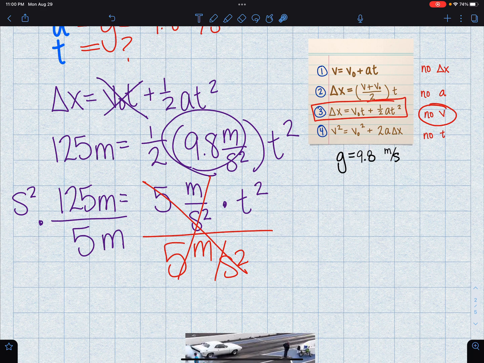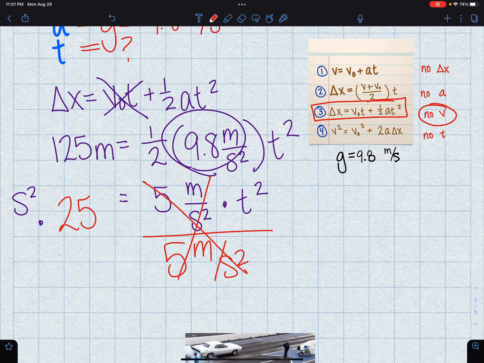Anyway, what happens when we do this? This turns out pretty cool because now we have 125 divided by 5. What is that? 125 divided by 5 is equal to 25. So let's simplify this to 25. And did you notice that the meters canceled out? There was meters on top, meters on bottom. That cancels out.